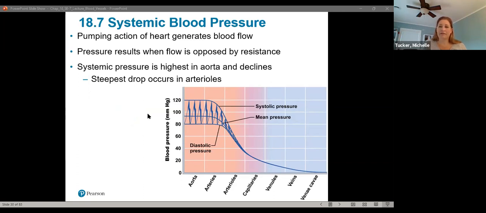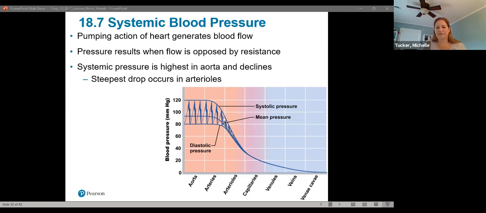If you are given a graph, you should be able to tell me systolic, diastolic, pulse pressure, and mean pressure. Probably not all at the same time. Those will be different questions, or it could just be one or two of those, but you will most likely see a graph that's representing pressure.